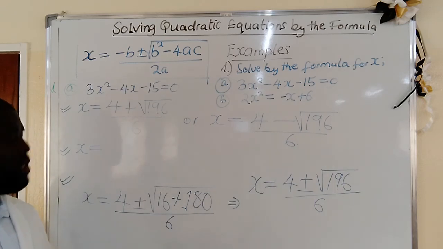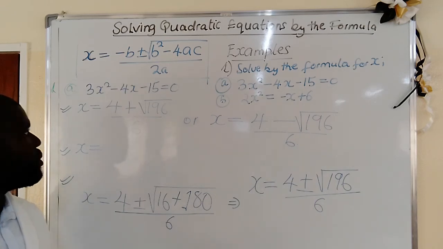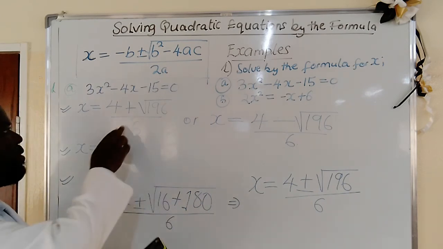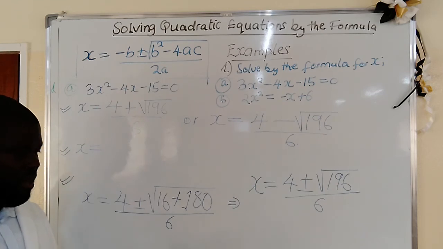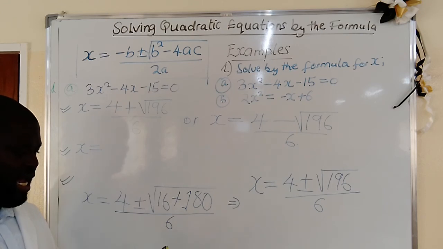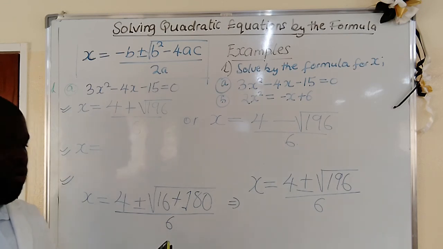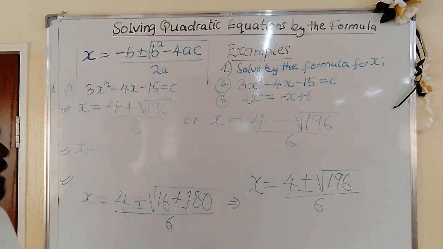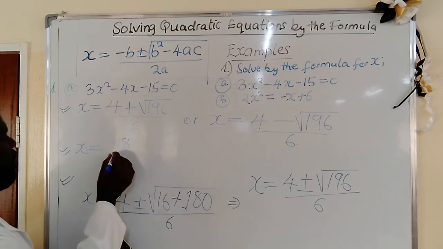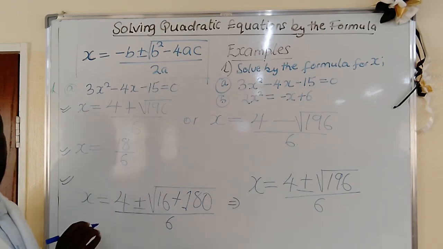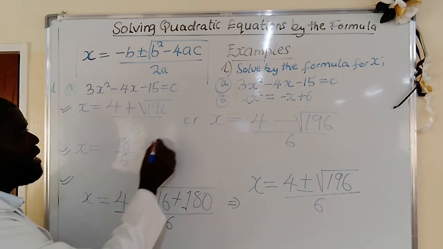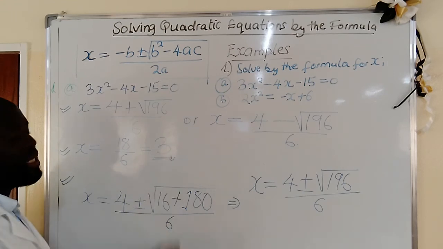So you switch on your calculator and key in 4 plus the root of 196, then equals. In this case, we are getting a whole number, 18 over 6. 18 divided by 6 is giving us 3. So one value of x is actually 3.